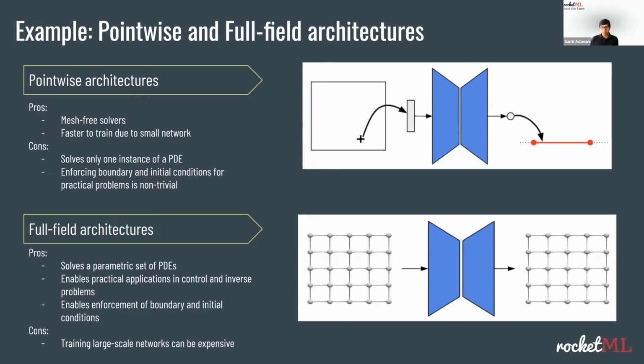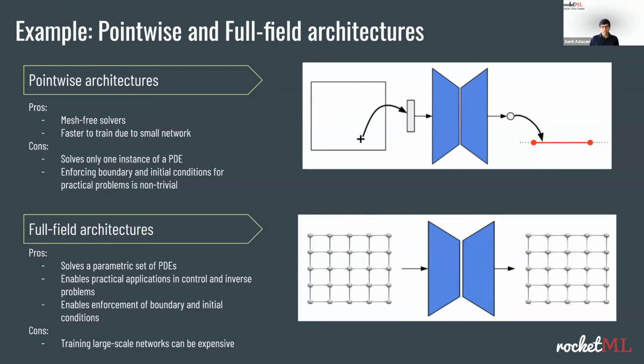So within pointwise, the idea is the input to the neural network is a single point, and the output of the neural network is again a single point, right? So you're going from point to point. And it has its own advantages, like it's a mesh-free solver. That means you do not need to have a mesh ahead of time. It's faster to train because you're dealing with smaller networks, and so on and so forth.